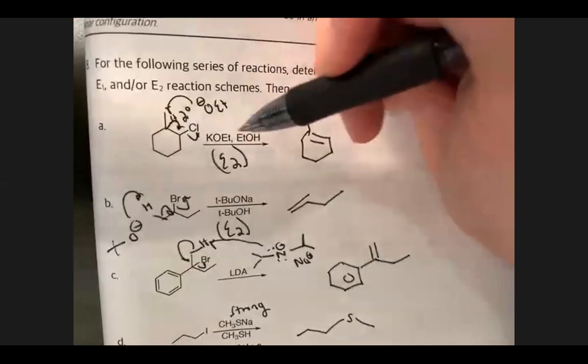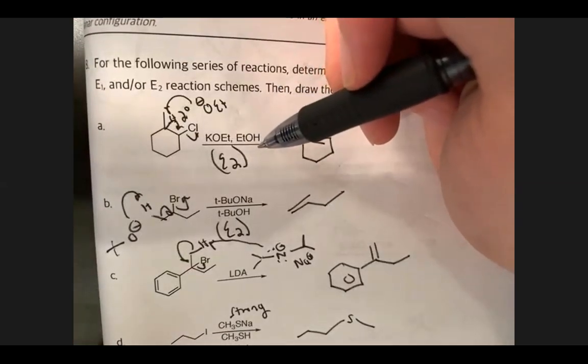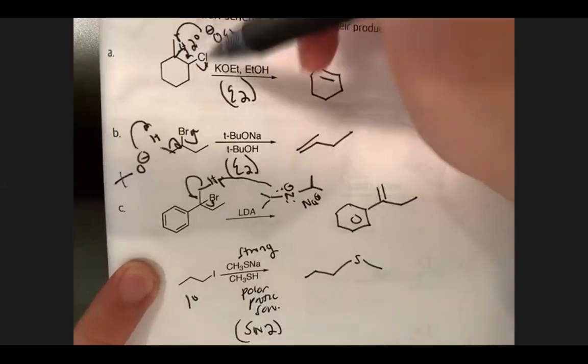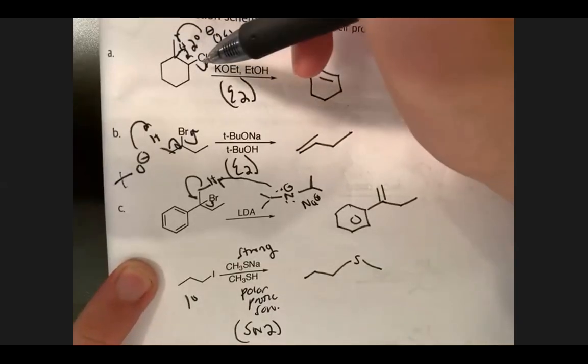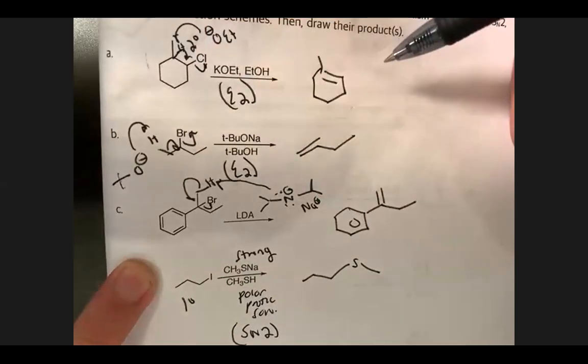How was that one different from A? Okay. First of all, ethyl here is 2 carbons long, so it's definitely heavier. And also, this is a secondary, so this is my gray area. This is a really big gray area when we have secondaries.